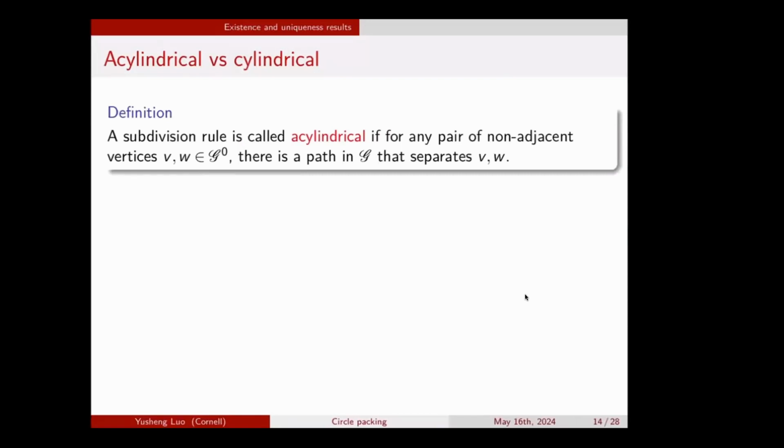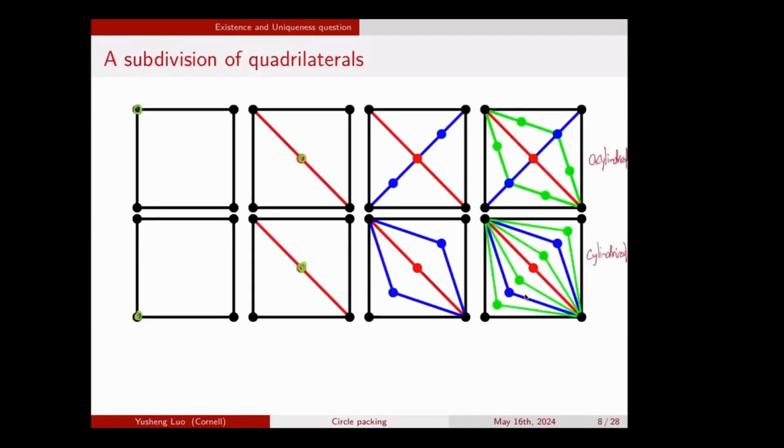Okay, so to illustrate this definition in our example here, if we look at these 2 examples, there are 2 different non-adjacent pairs of the level 0 graph. We can pick these 2, or we can pick these 2.